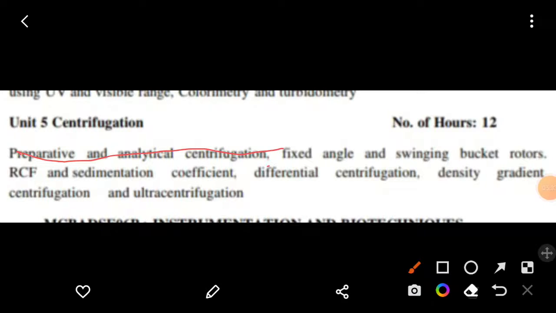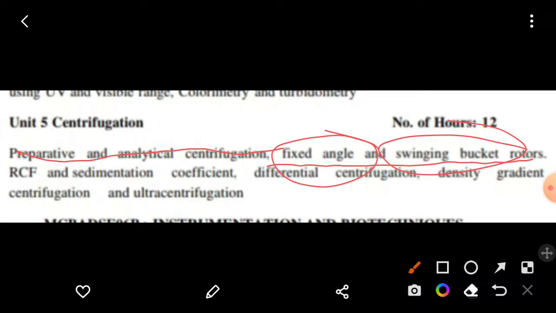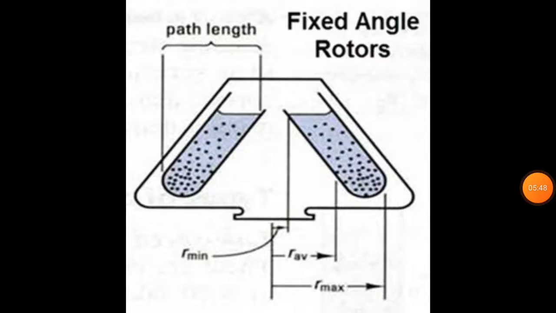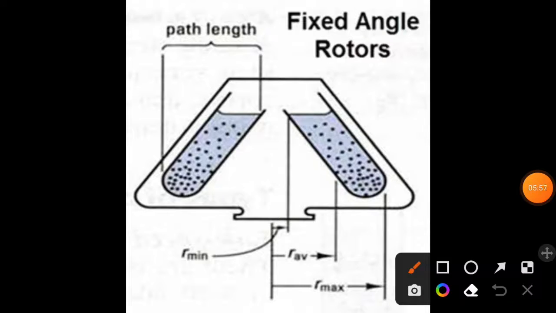Now let's move to the fixed angle and swinging bucket rotor type centrifugation. These are the kinds of rotors that we use during centrifugation. So first one, this is the fixed angle rotor. A fixed angle rotor is a kind of rotor where we are holding our sample, or you can say tube, at 45 degrees centigrade.